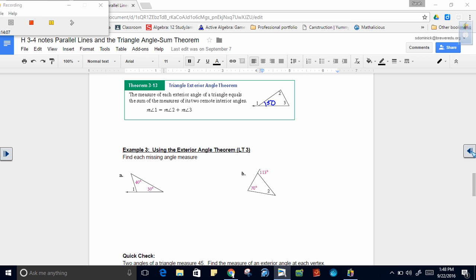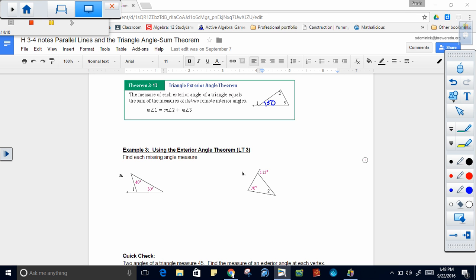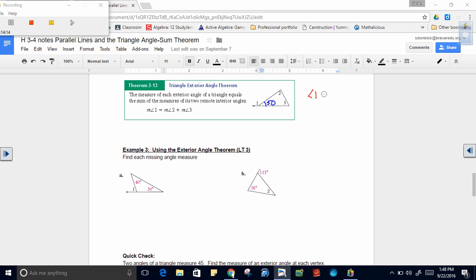If you wanted to get angle 1, do you agree, to find angle 1, you would add it to the 50 and come up with 180. The same is true for angle 2 and angle 3.